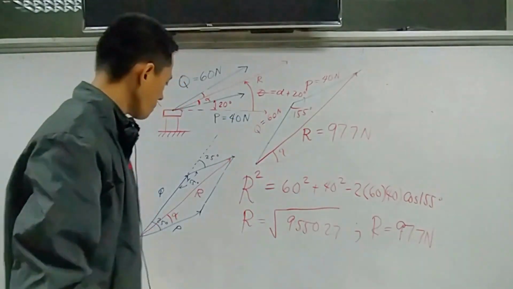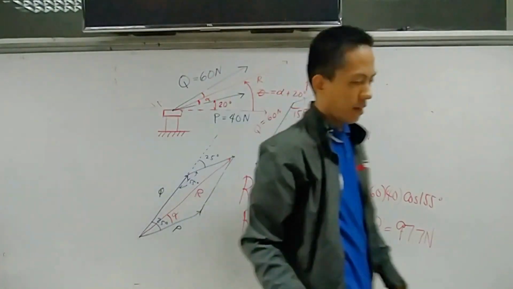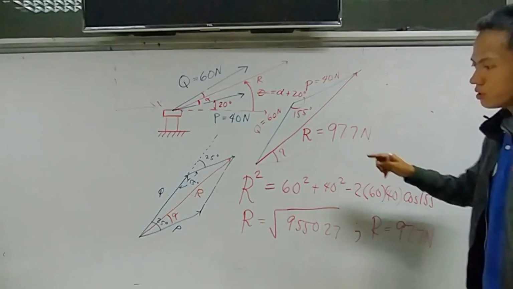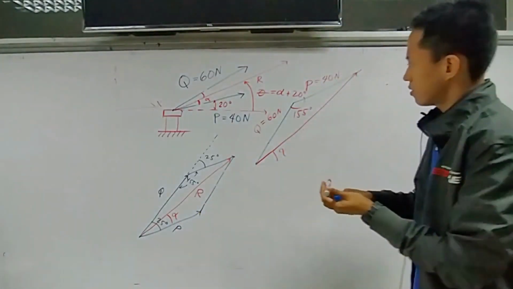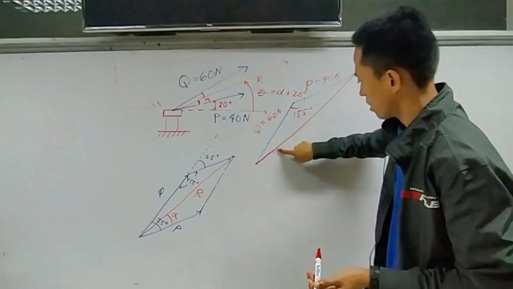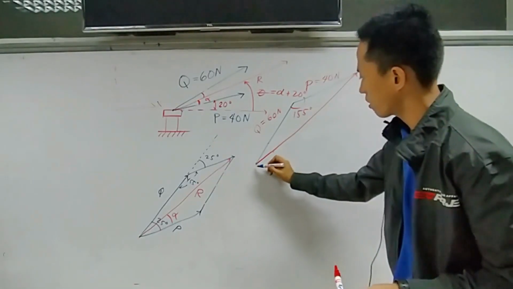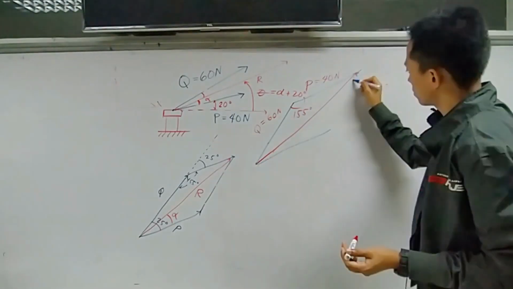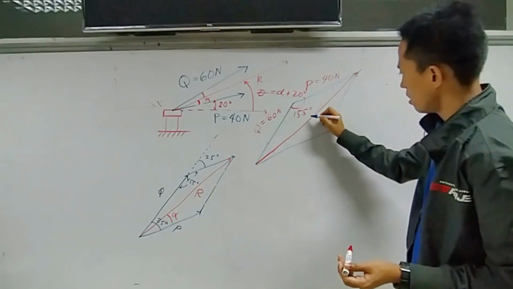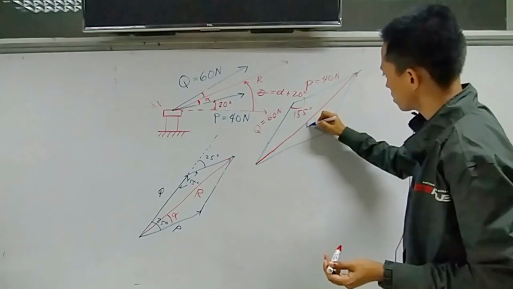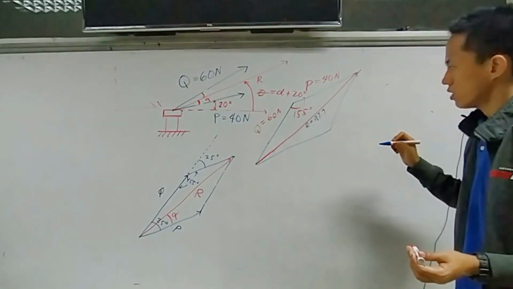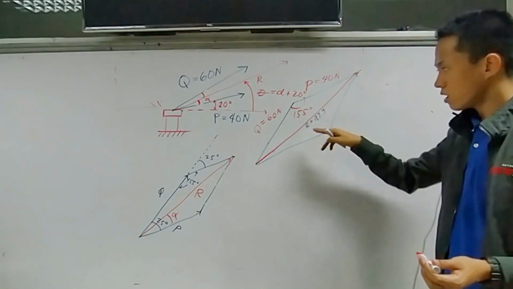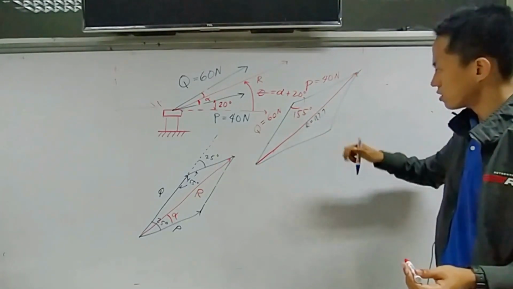Okay? So, extract naman natin guys yung nasa babang triangle para makuha natin yung alpha. So, let's redraw this figure. Okay? Redraw natin siya guys. Gawin natin parallelogram ulit. So, this is R. R natin is 97.7 newtons. Then ito, since na-equal yung side nila, of course ito, opposite is equal also.